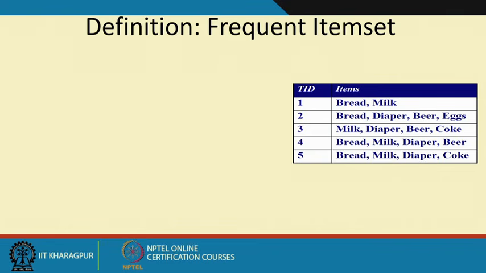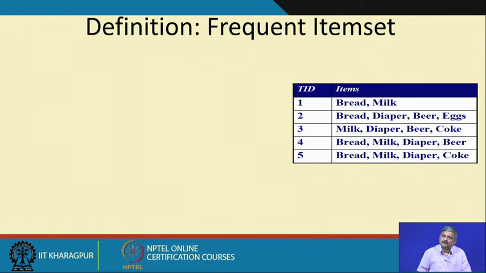How many times does it appear? It appears 2 times, one time here and one time here. The set bread and milk and diaper appears 2 times, so the support is 2.